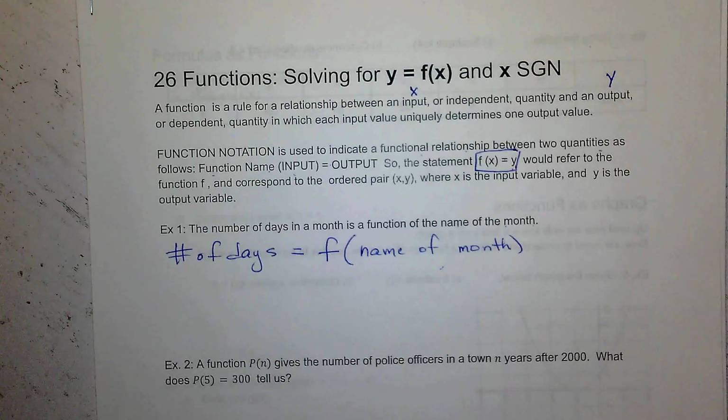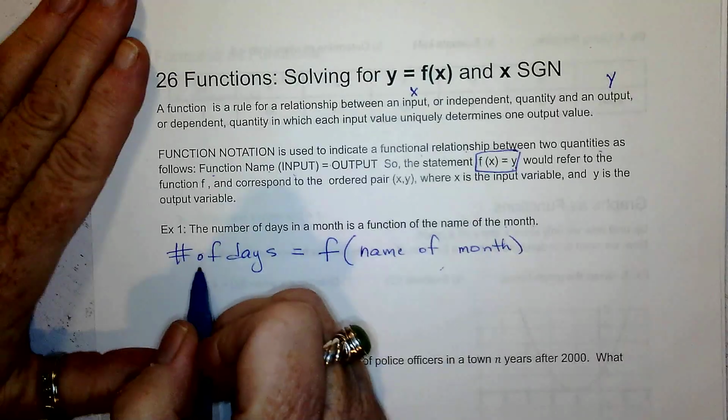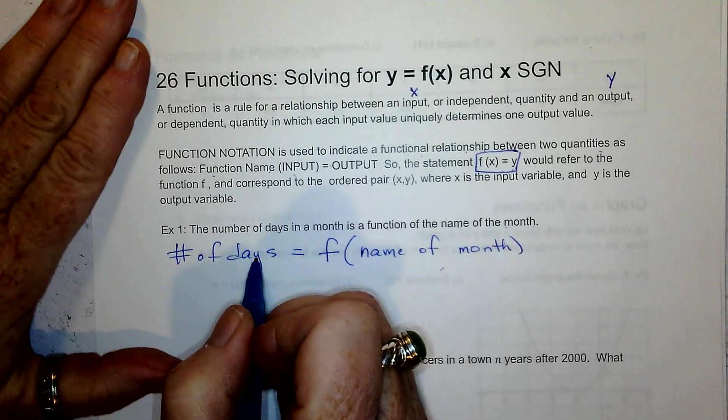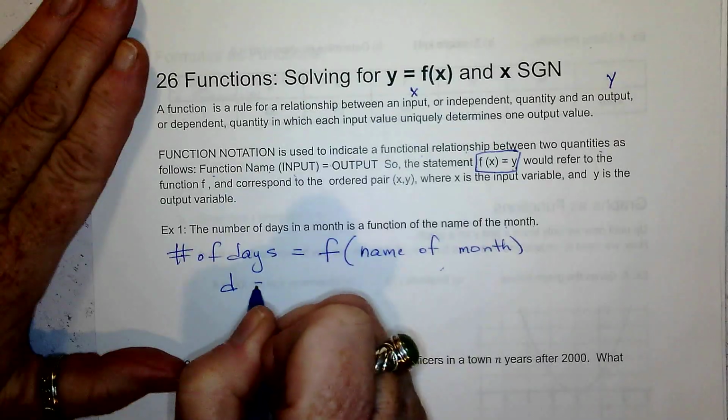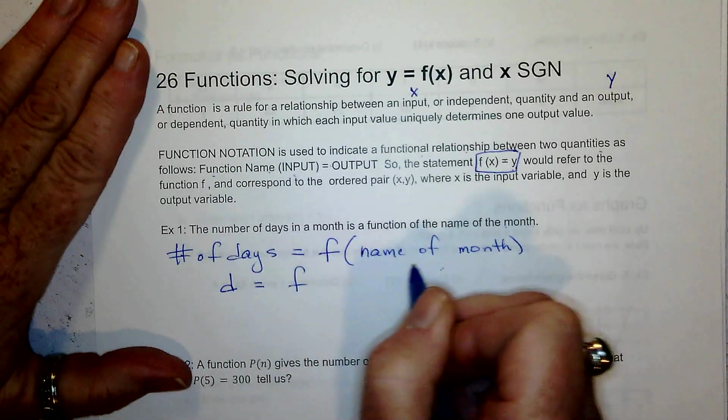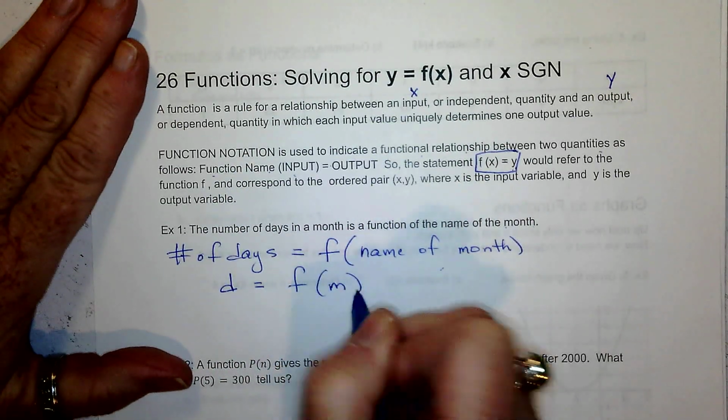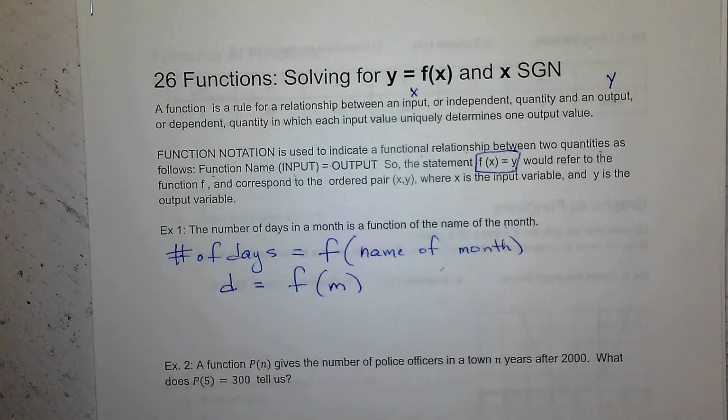Now this is a lot of words, and math people don't like to use a lot of words when we're describing equations or equalities. So I want to make this simpler. Could I make this just d for days and my function of m for a month? This makes a little bit more sense to me.